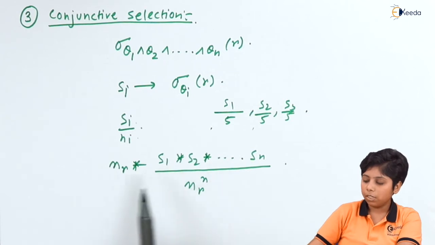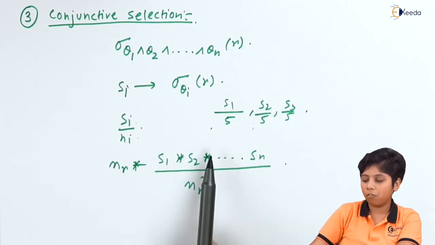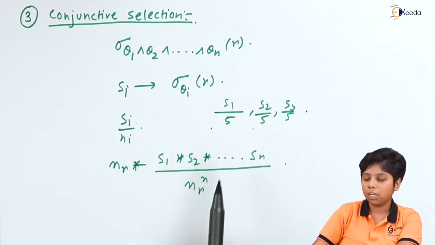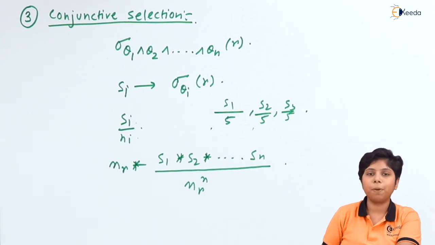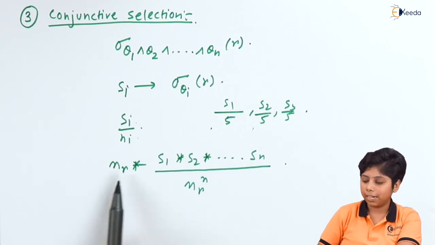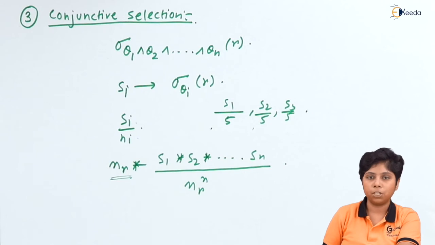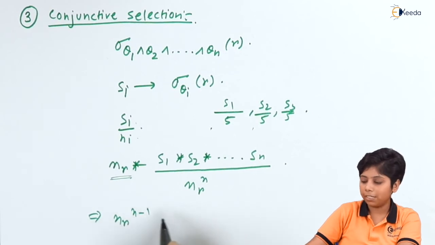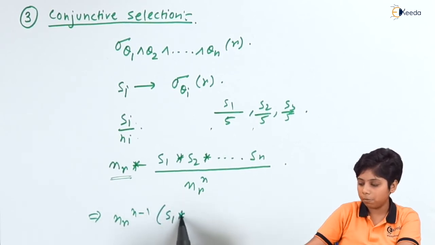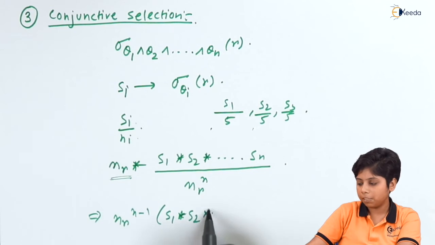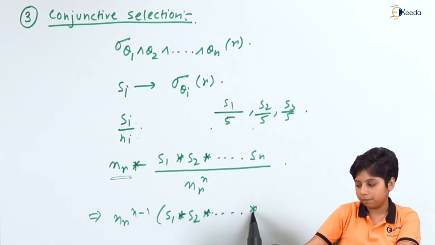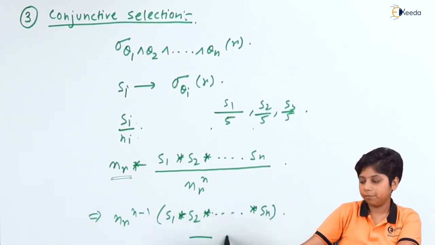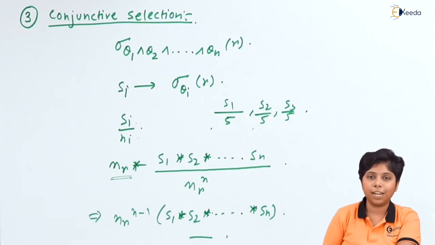So we have the product of the probabilities of all the predicates, and the estimated size is n_r multiplied by that product, that is n_r times s_1 times s_2 times s_n divided by n_r to the power n. So this is the conjunctive selection probability on a statistics.